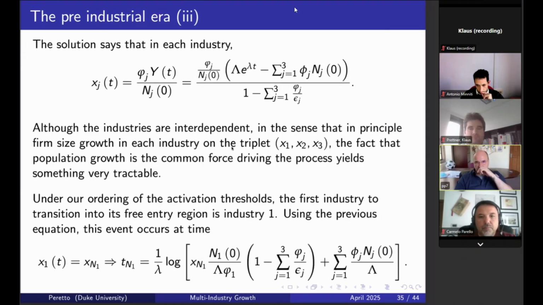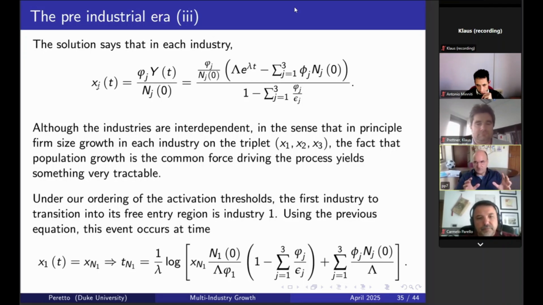So this is just to show you that analytically, we can still pretty much write everything in terms of the time path of the variables that drive the process. Industry specific firm size. And these are industry specific, so they don't look the same.